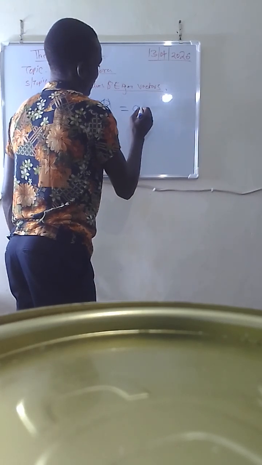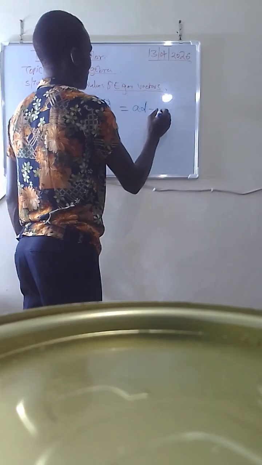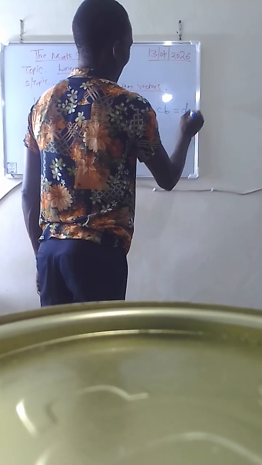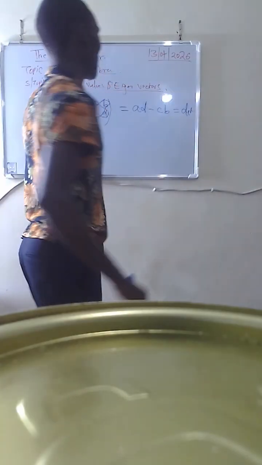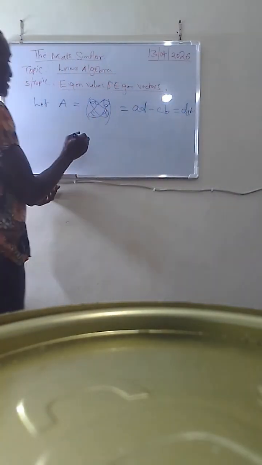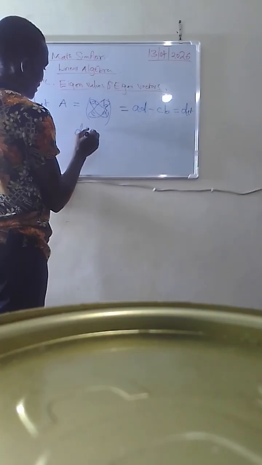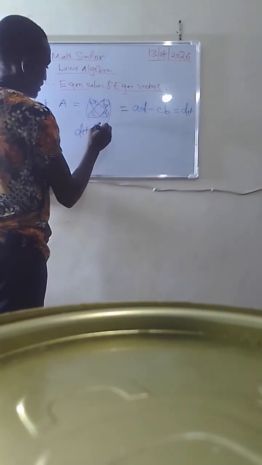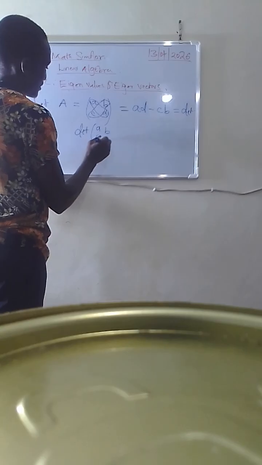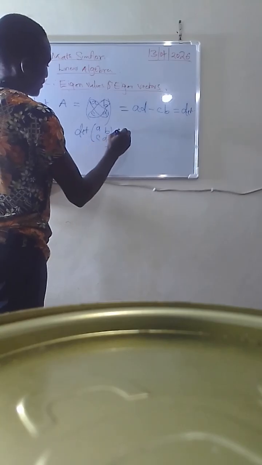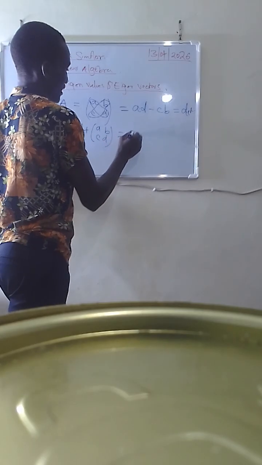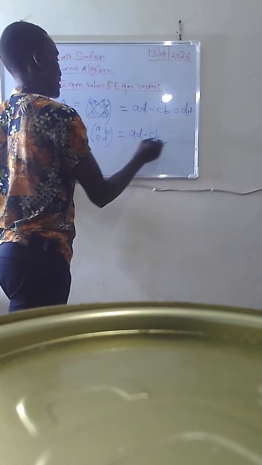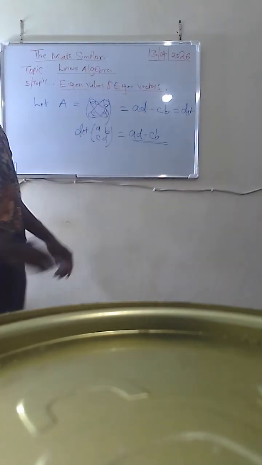So the determinant of the matrix a, b, c, d is ad minus cb. That's the determinant of that matrix.